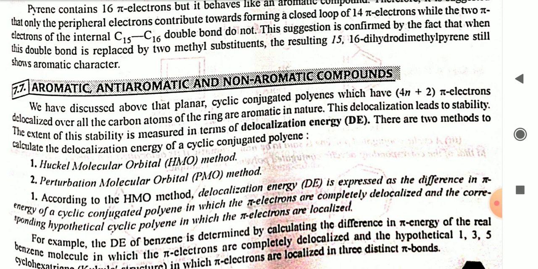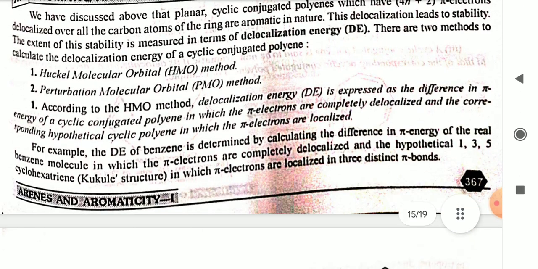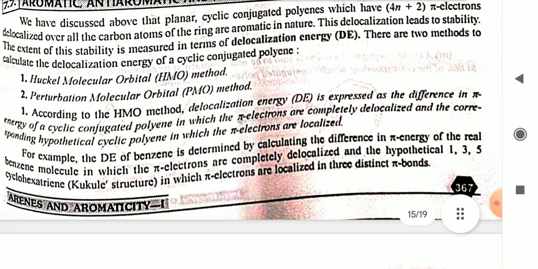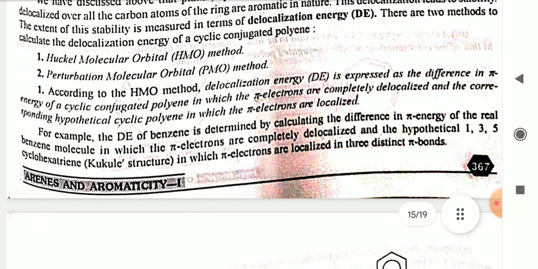There are two methods to calculate the delocalization energy of cyclic conjugated polyenes. First, the Huckel molecular orbital method, and second, the perturbation molecular orbital method. According to the HMO method, delocalization energy is expressed as the difference in pi energy of a cyclic conjugated polyene in which pi electrons are completely delocalized and the corresponding hypothetical cyclic polyene in which the pi electrons are localized.